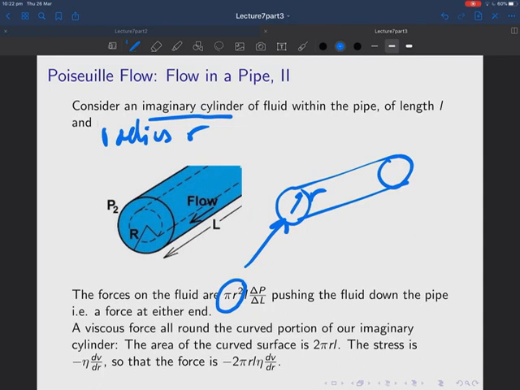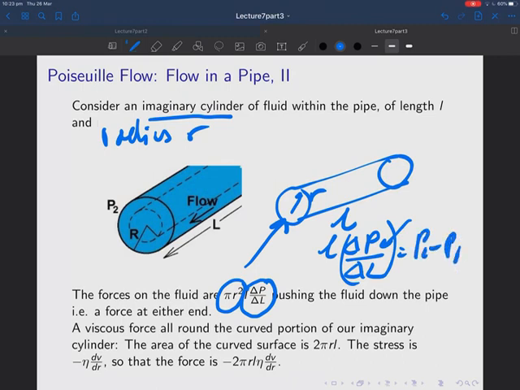We've also got a pressure drop across this. So this is length L, then the pressure drop across it is L dP/dL. That's the gradient, and that's fixed. This thing, in other words, is P2 minus P1, if you call that P2 and that P1, if we're flowing in that direction.